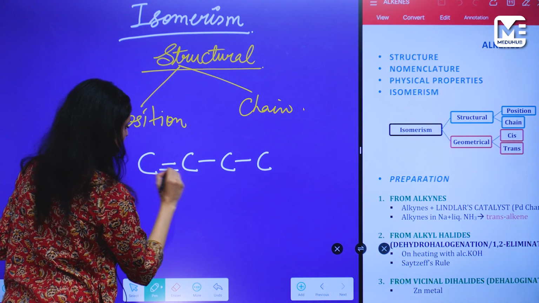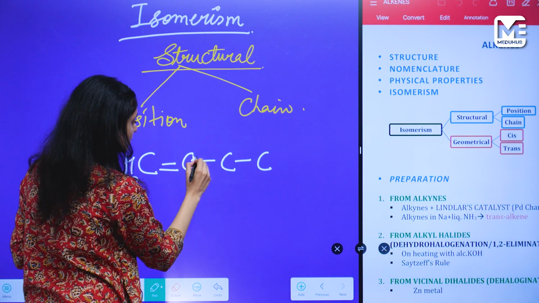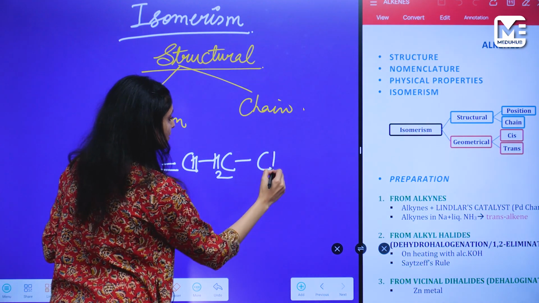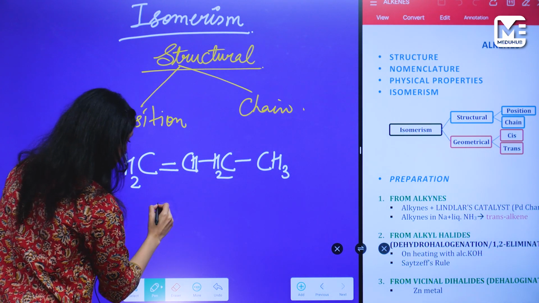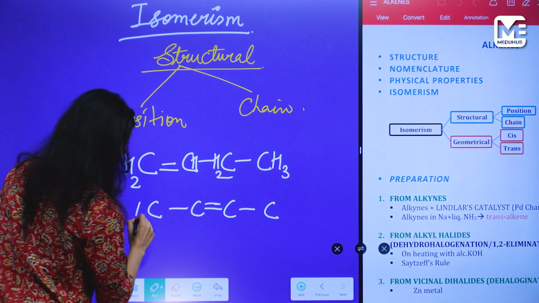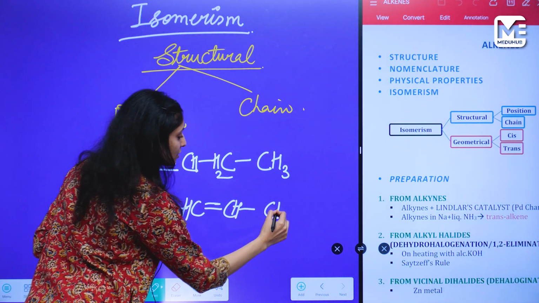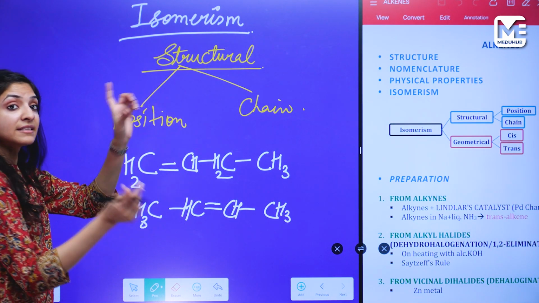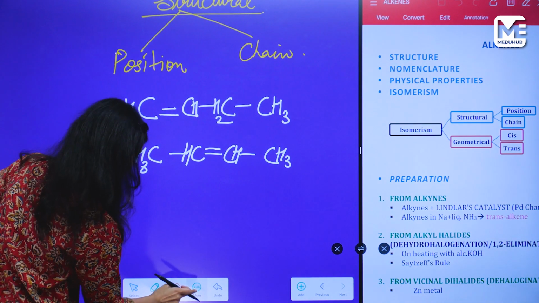Here, CH2, the double bond is between these two carbons. Now the double bond can also be between these two carbons: CH3, CH, CH, CH3.